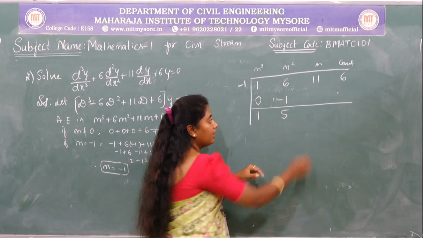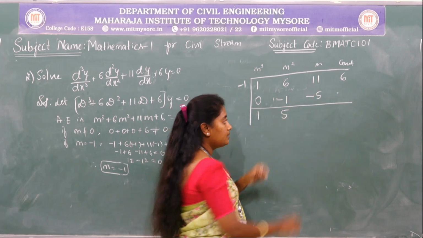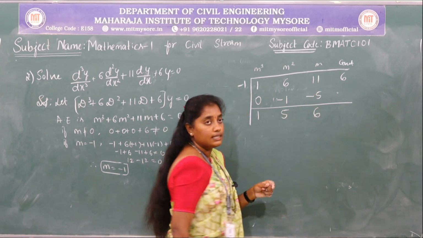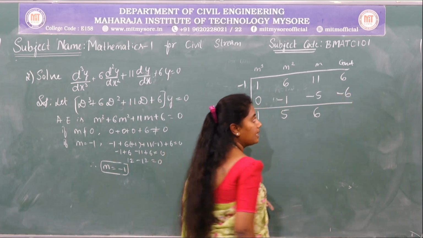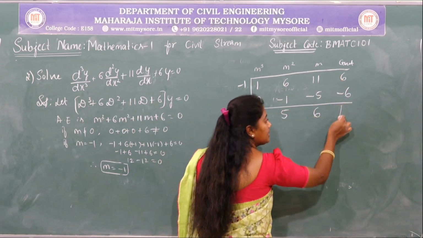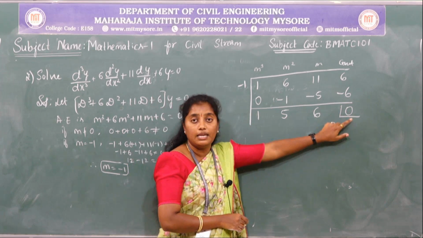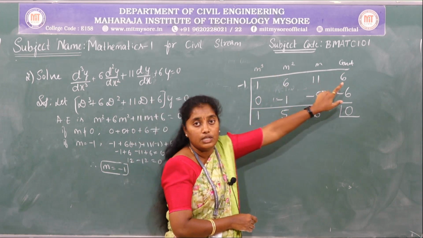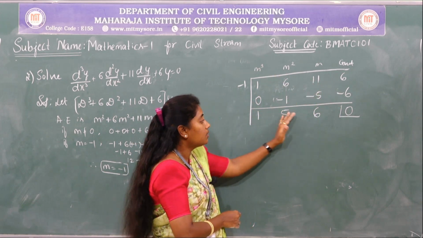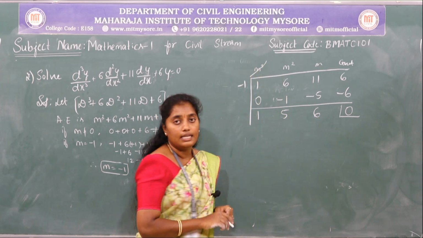Minus 1 into 5 gives minus 5. 11 minus 5 is 6. Minus 1 into 6 is minus 6, and 6 minus 6 is equal to 0. This value must be equal to 0. Then an equation with 4 coefficients is reduced to an equation with 3 coefficients. That means one degree decreases here.